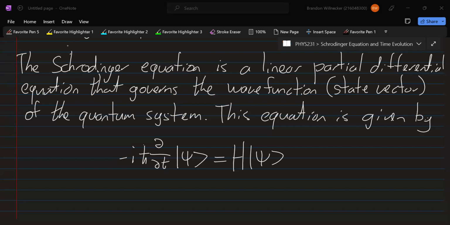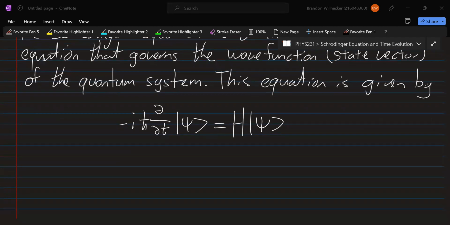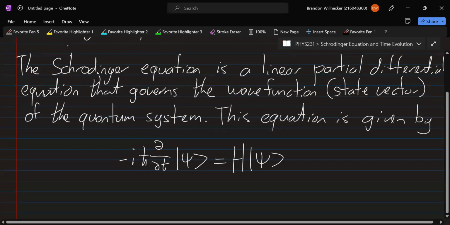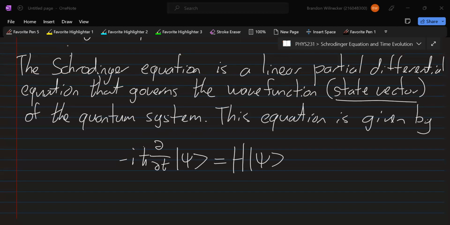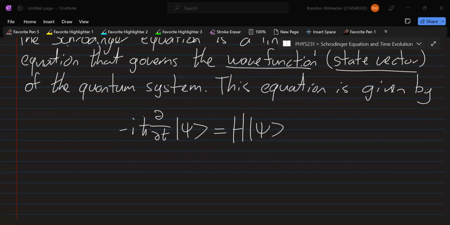So the Hamiltonian acting on the state vector gives us how the vector changes in time. This is written in vector notation. We assume we've got our Hilbert space that contains all the state vectors, and we can write it like this. That's if we're using this state vector language. The wave function is a different perspective on this.